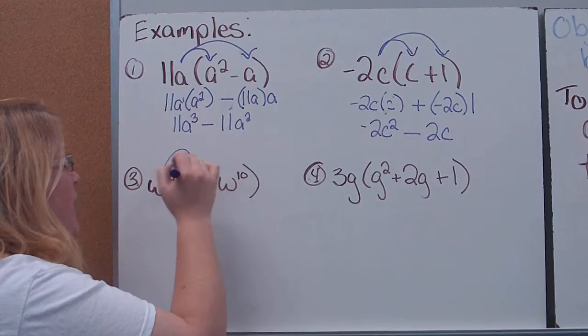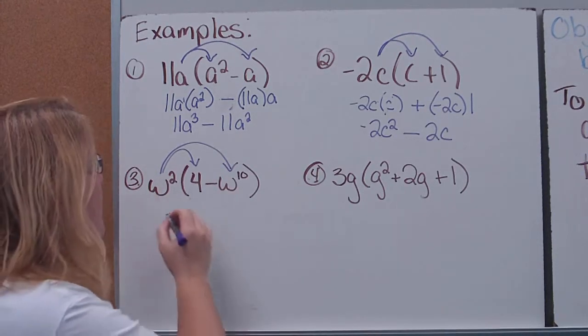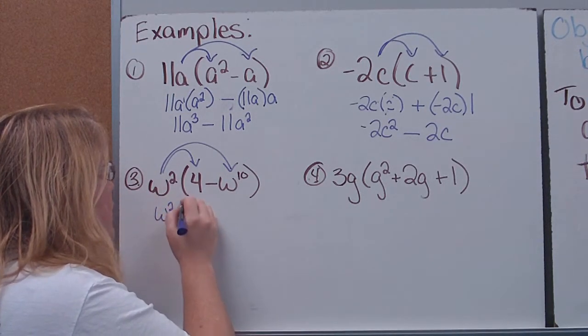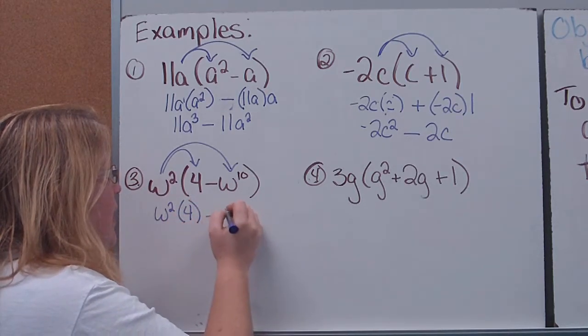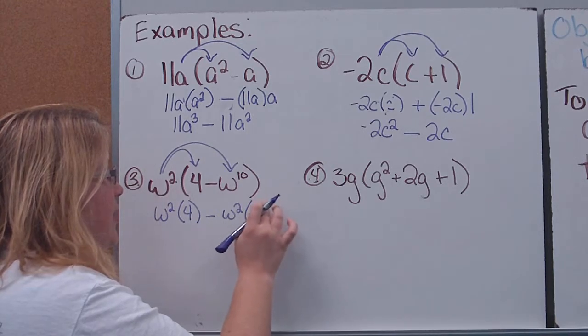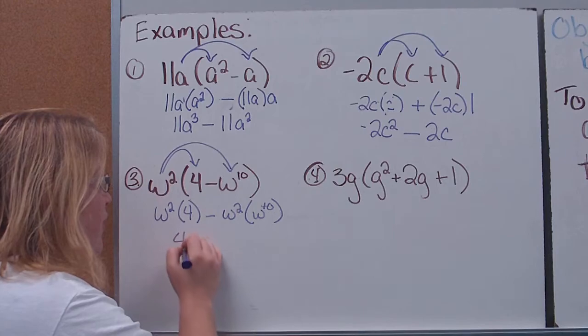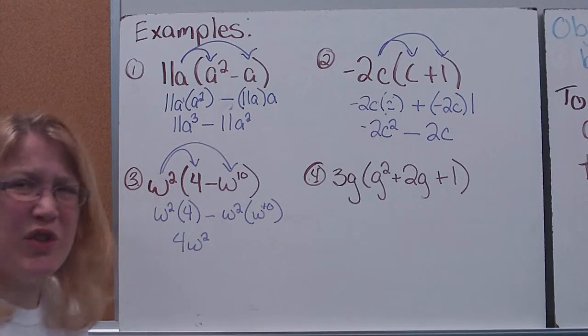So same thing here. All we're doing is distributing. We're taking this, we're multiplying it by everything inside the parentheses. So I have w squared times 4 minus w squared times w to the 10th. So here I just wind up with 4w squared. You'll notice I reversed the order.